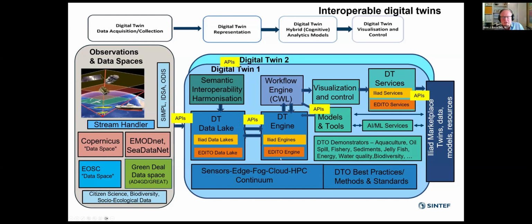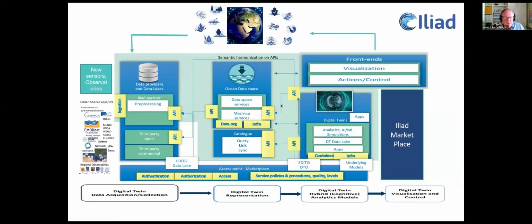In Iliad, we are providing a lot of this together as various services and components in the Iliad marketplace, which we are coming back to later. We're also supporting best practices, methods, and standards in this context. So what we have been working on in Iliad is to highlight these different areas along the 4 main steps that all digital twins essentially have.